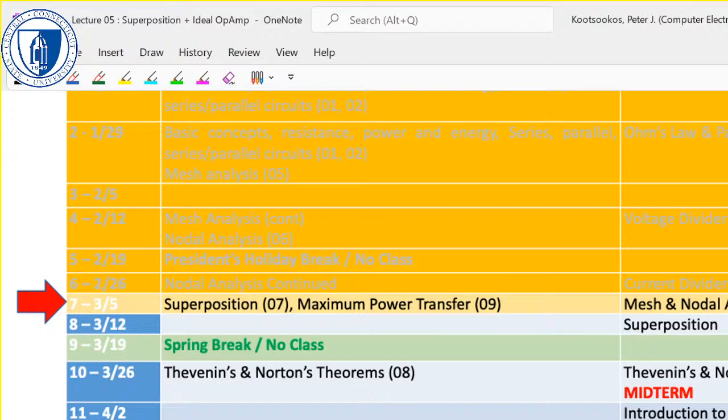But that would be a good thing, I think, to write it down step by step. The other thing I wanted to talk about today is an application of nodal analysis. Right? One of the key things.